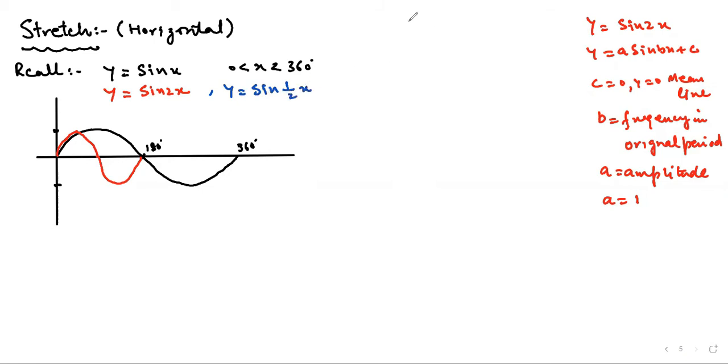We will compare this one with y is equal to a sine bx plus c. Here the amplitude is 1, number of cycle is half, frequency is half, and the mean line is 0.